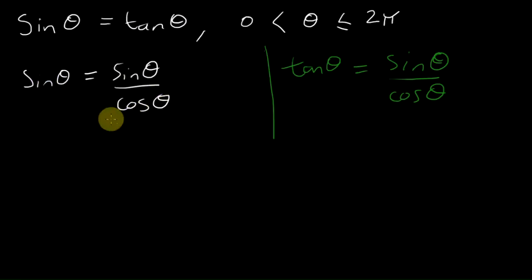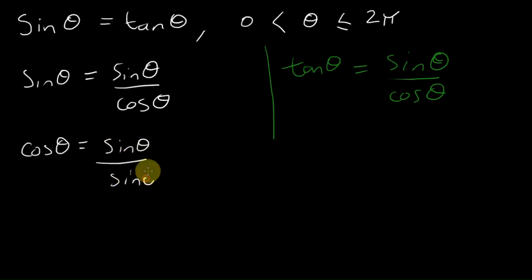So from here, if we cross multiply, we'll have sine theta over sine theta, which would be equal to 1. So let's just cross multiply, and we'll cancel out these sines. It's a risky business cancelling out the sines, because it means that you may well lose values.